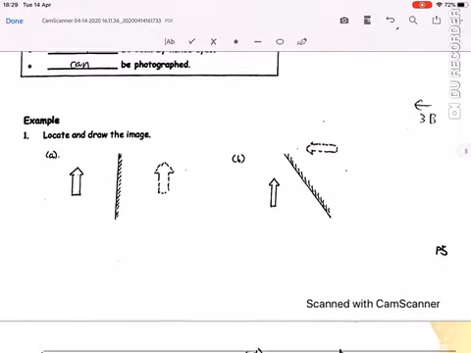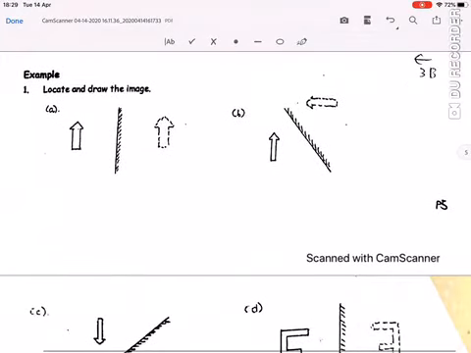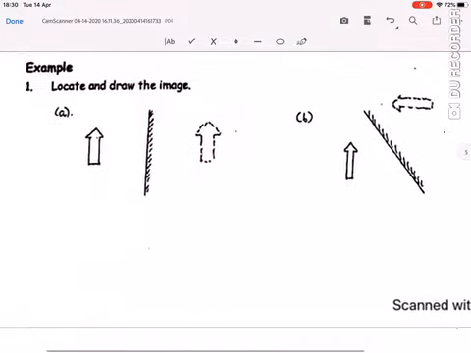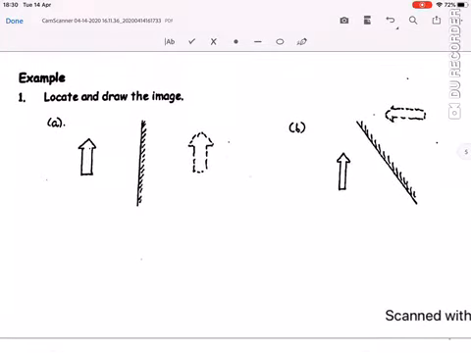If you take a look at the first example, the first one is easy for you to draw, because 1A is just an arrow. Basically, it's the same size, but please make sure you draw it in the dotted line. It has to be the same distance away.